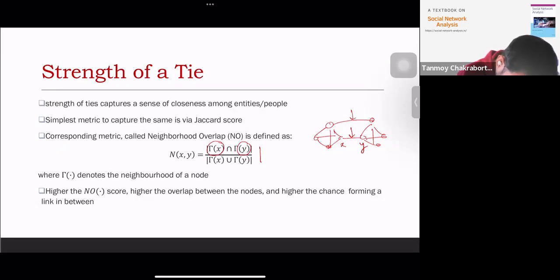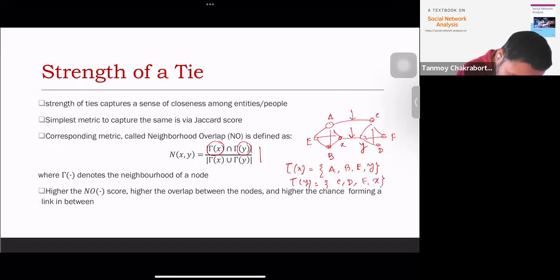So x has a, b, c, d, right? So Γ of x is a, b, e, and y. Γ of y is c, d, f, and x.